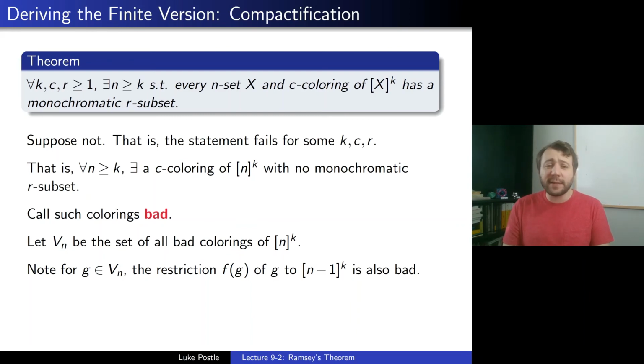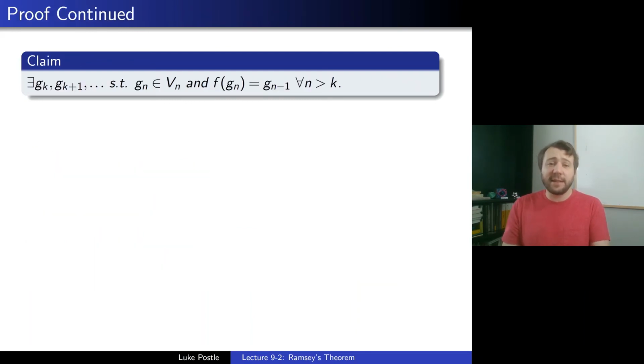And then what's the point? Well, a similar claim, but in reverse now. We want to construct a bad coloring of the whole set. So I claim that there exists a sequence g_k, g_{k+1}, off to infinity, so that g_n is in V_n, that it's bad, and that the restriction F of g_n is equal to g_{n-1}. So we're going to create a nested sequence of bad colorings.